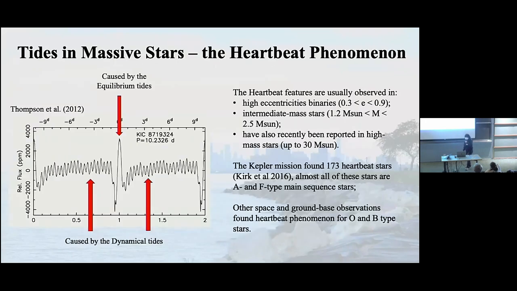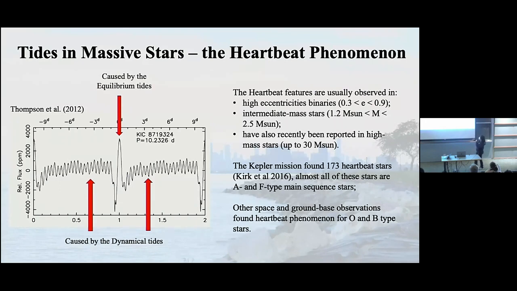The motivation of our work is tides in massive stars. By analyzing Kepler data, Thompson et al. in 2012 discovered a new class of stars called heartbeat stars, or heartbeat binary systems. The name just comes from its light curve, which looks like an electrocardiogram.